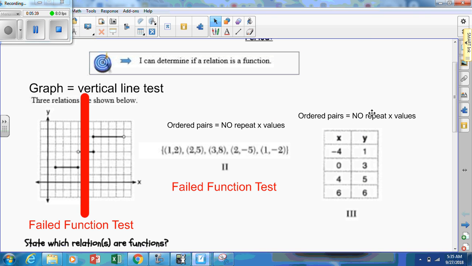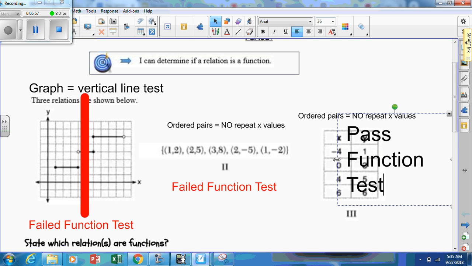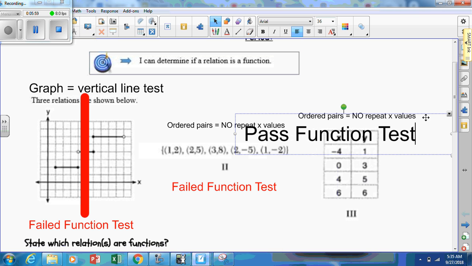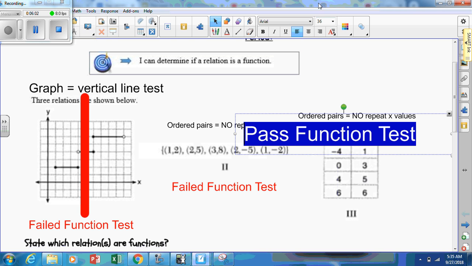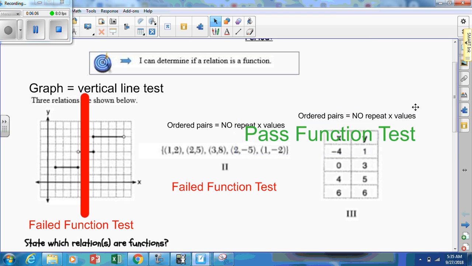We have passed the function test. And that's all good. Because we're passing, let's put it in green. Celebrate. Green means go, red means stop. Easy peasy.